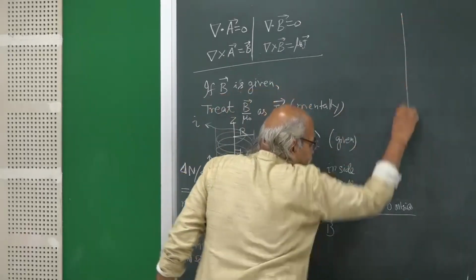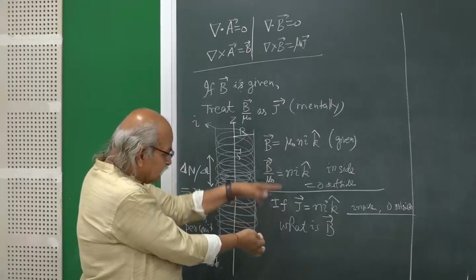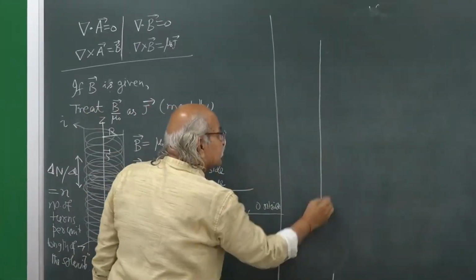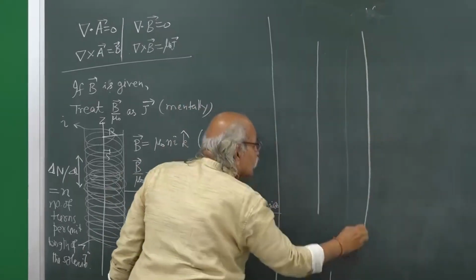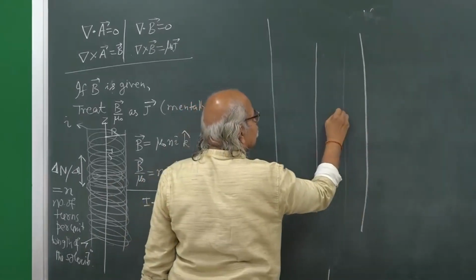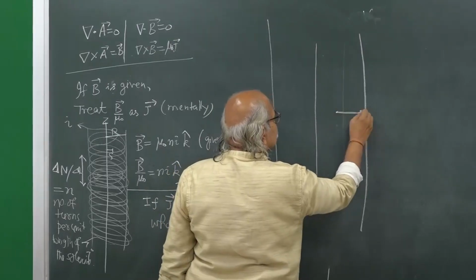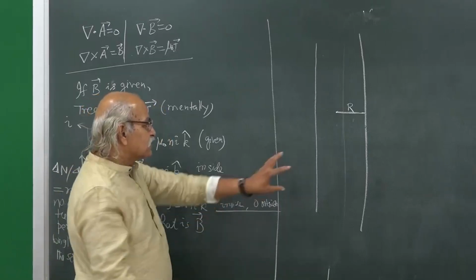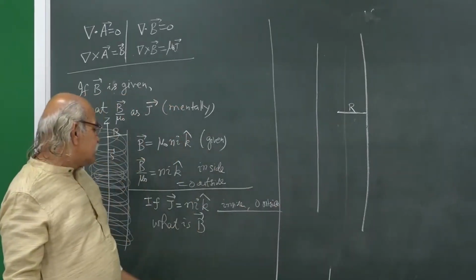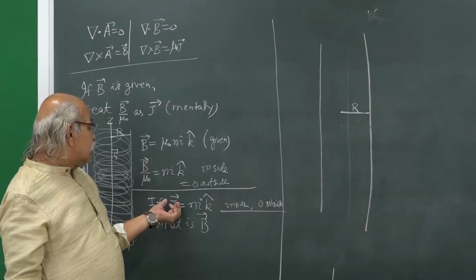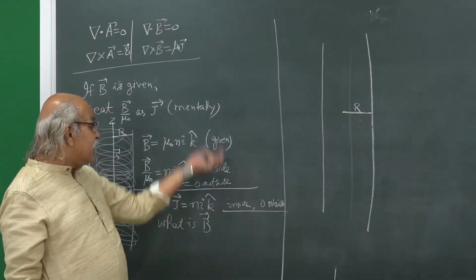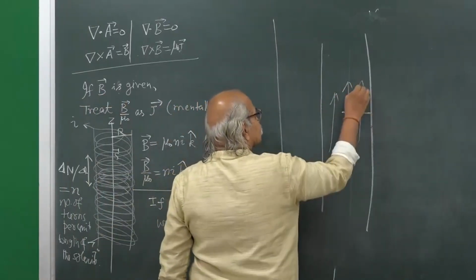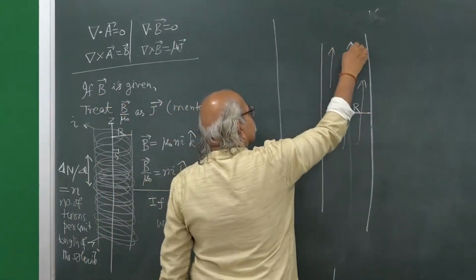So, look at another problem which is coming from this assumption. We have a cylindrical volume, and the whole radius is r, and for s less than r, that means inside, you have a current density in k cap direction. So, you have a current this way, and how much is the current?